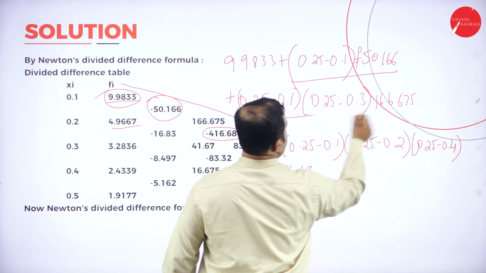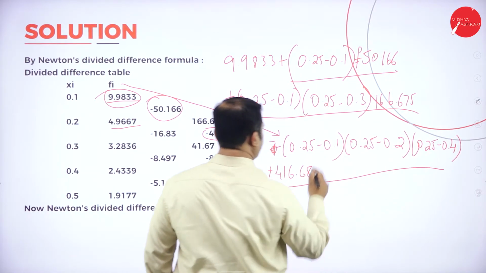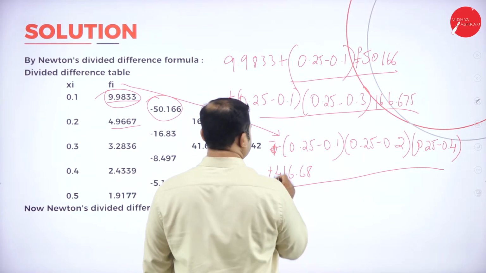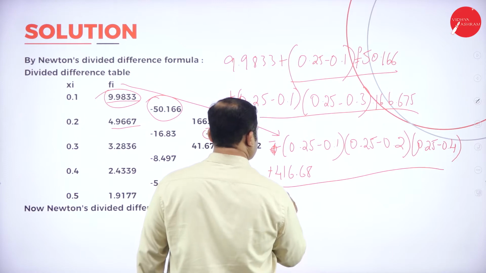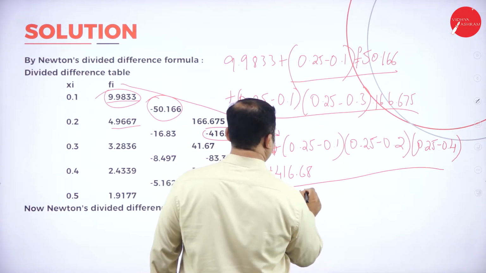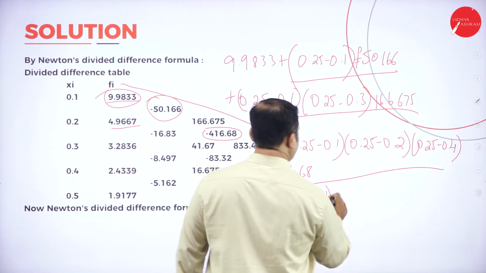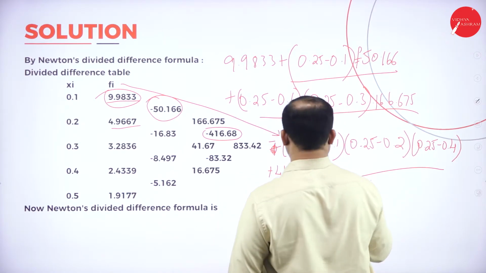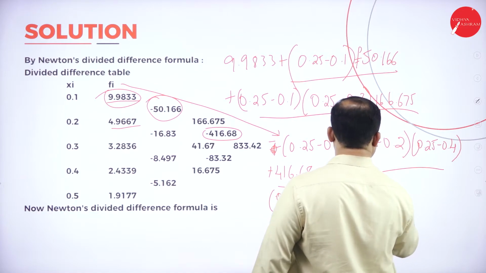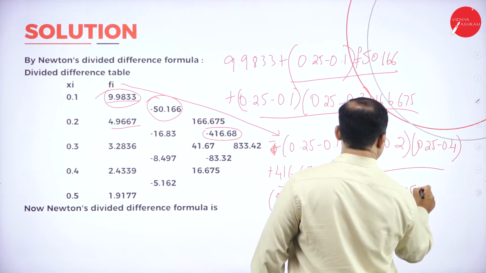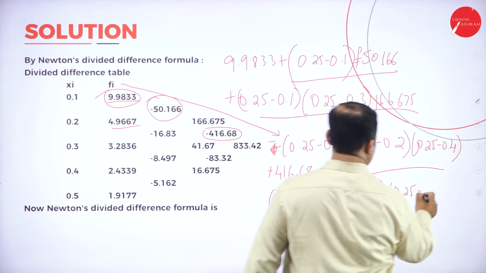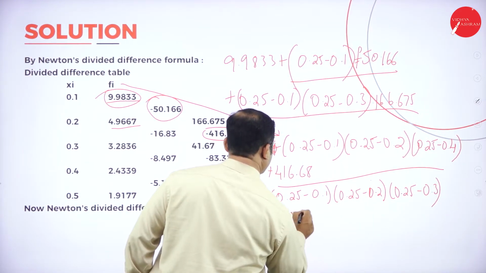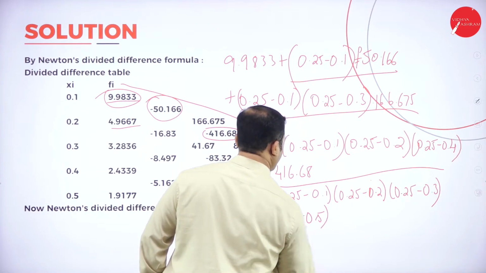First term here, second term here, third term here, fourth term is to be defined again. Which is that fourth term? That is x minus this term. That is 0.25 minus 0.1 into 0.25 minus 0.2 into 0.25 into 0.3 into 0.25 minus 0.5 we have.